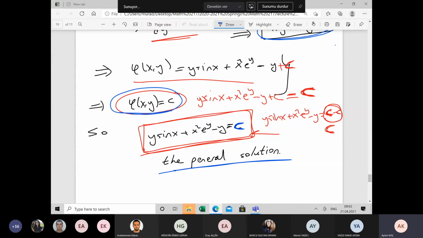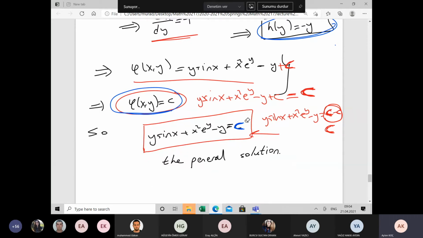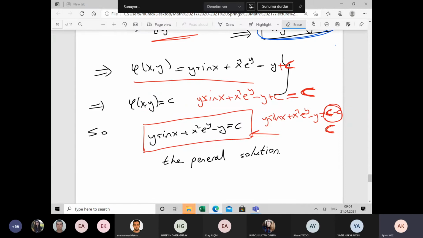But it is implicit, because it is not possible to write y as y of x. If we get it in the form y of x, it is called the general solution and it is explicit, but here it is not possible to solve for y, so implicitly we obtain the general solution.